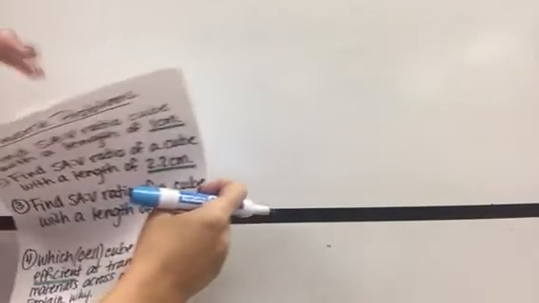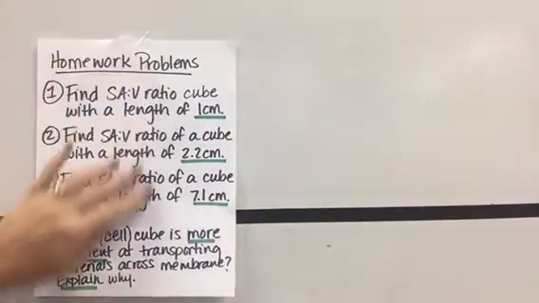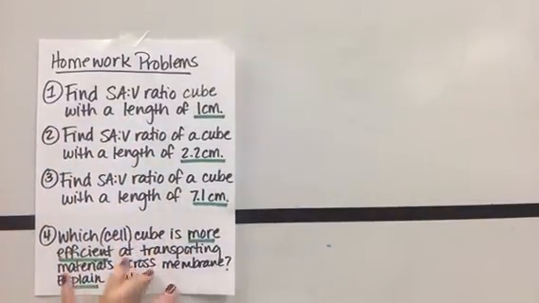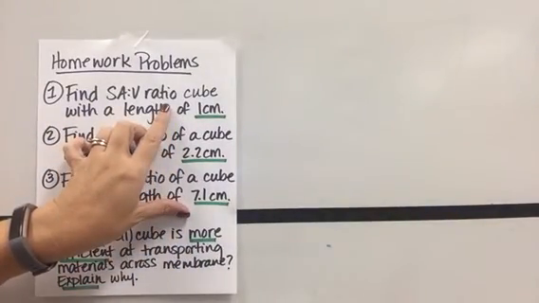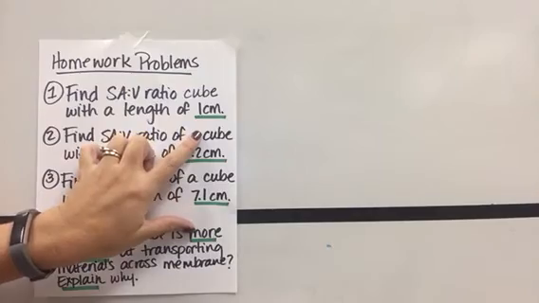Okay, so for homework, you are going to need to complete some of these problems. So these are going to be your homework problems. Number 1, you are given a cube and you're going to find the surface area to volume ratio if it has a length of 1 centimeter.